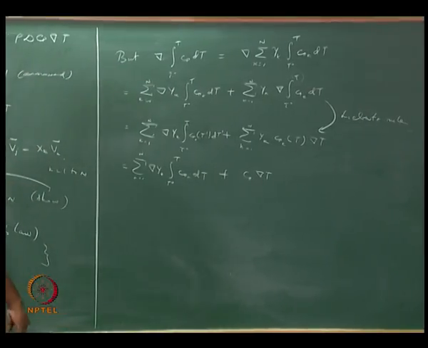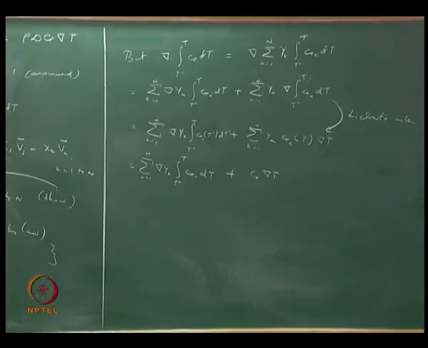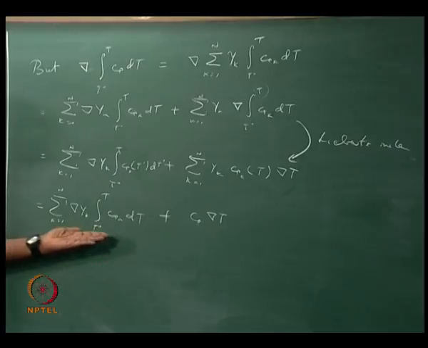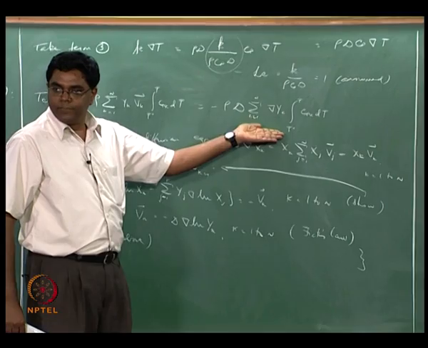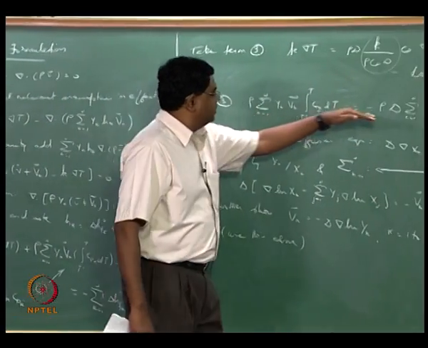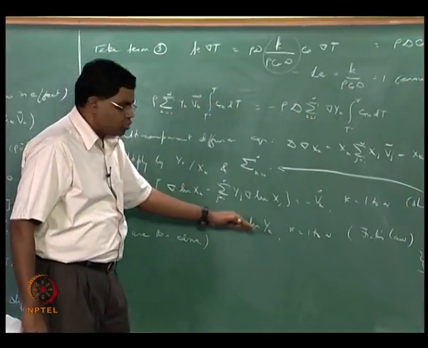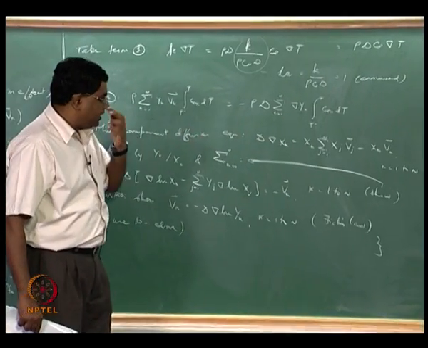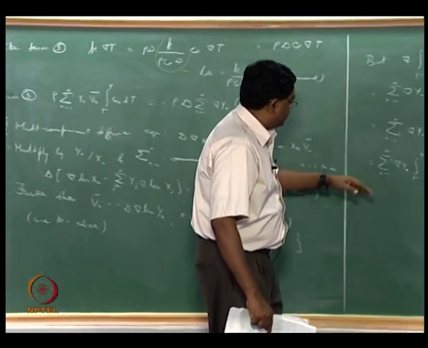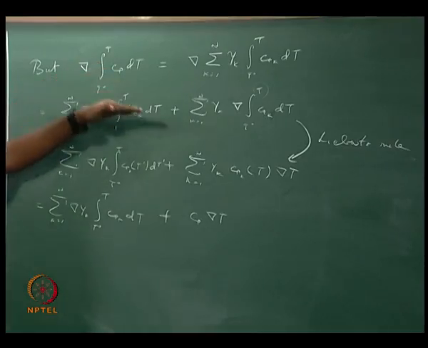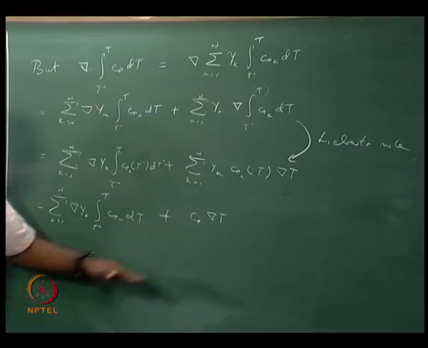So what are we trying to do? We are now trying to look for this term in here, okay. So from the third term we got this by applying the multi-component diffusion equation reducing to Fick's law to get this term, and this term can be identified here as what we started out with minus this, okay.